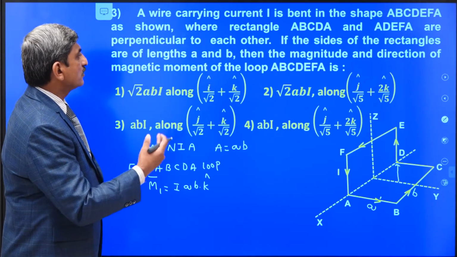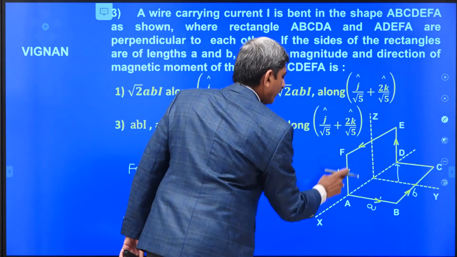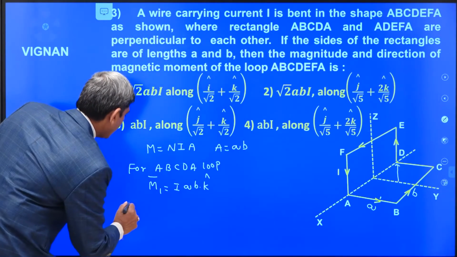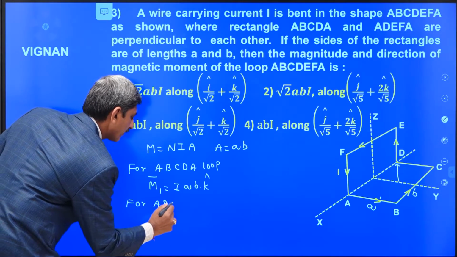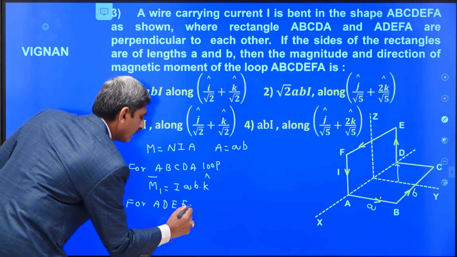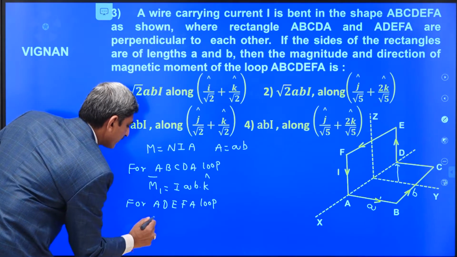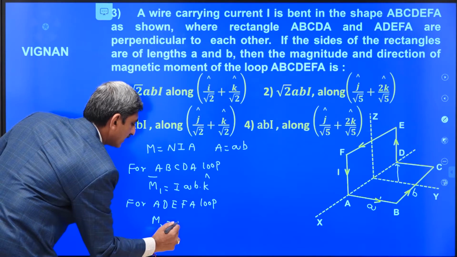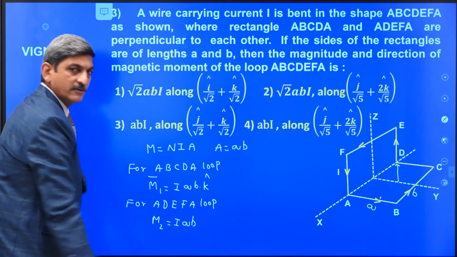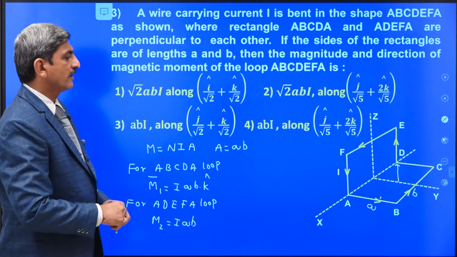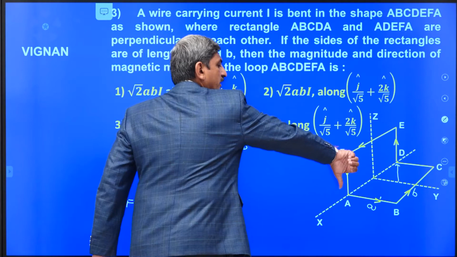Similarly, come to the second one, that is the ADEFA loop. For the ADEFA loop, the magnetic moment is given by M2, that is equal to IAB. What about its direction? Here, see, the current is flowing in the downward direction like this.